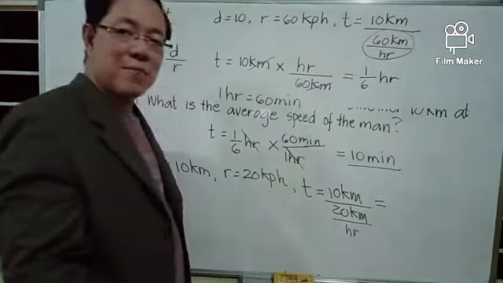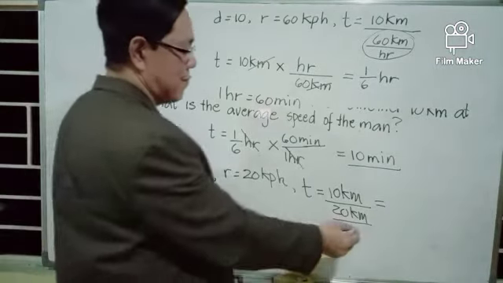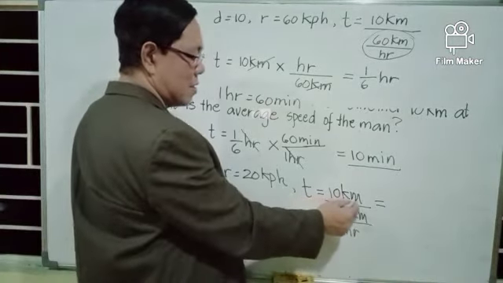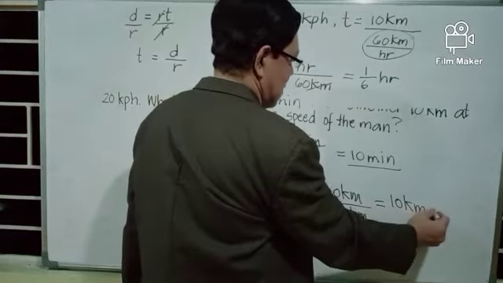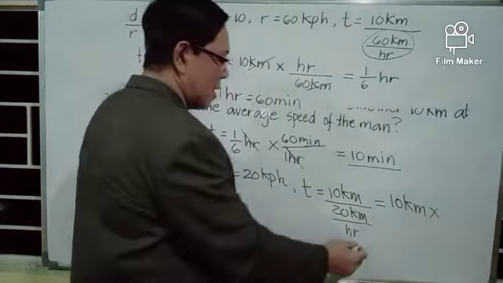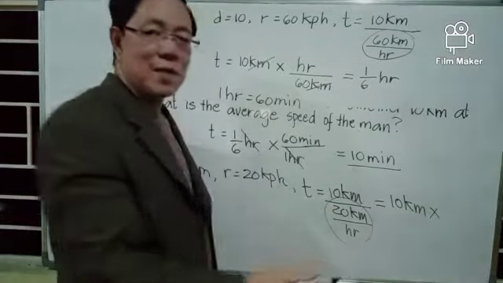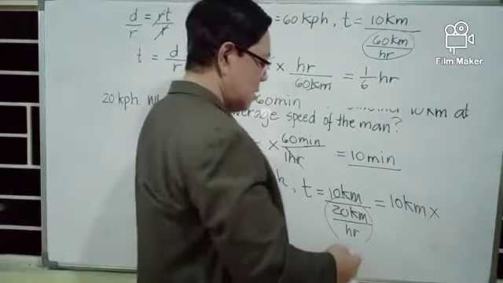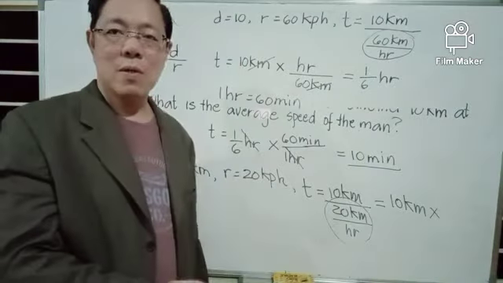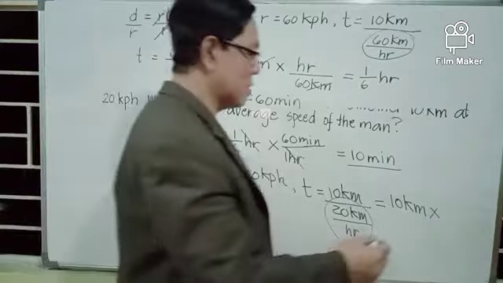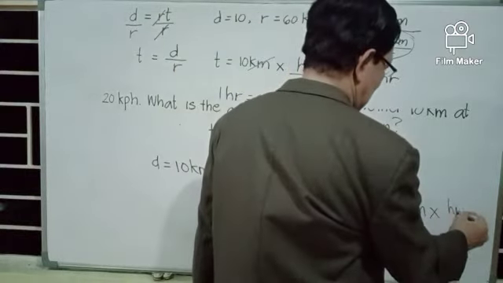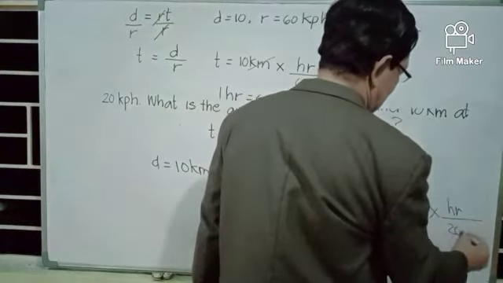and we simplify this fraction. Numerator is 10 kilometers. We multiply by the reciprocal of the denominator. The reciprocal of 20 kilometers per hour is r divided by 20 kilometers.